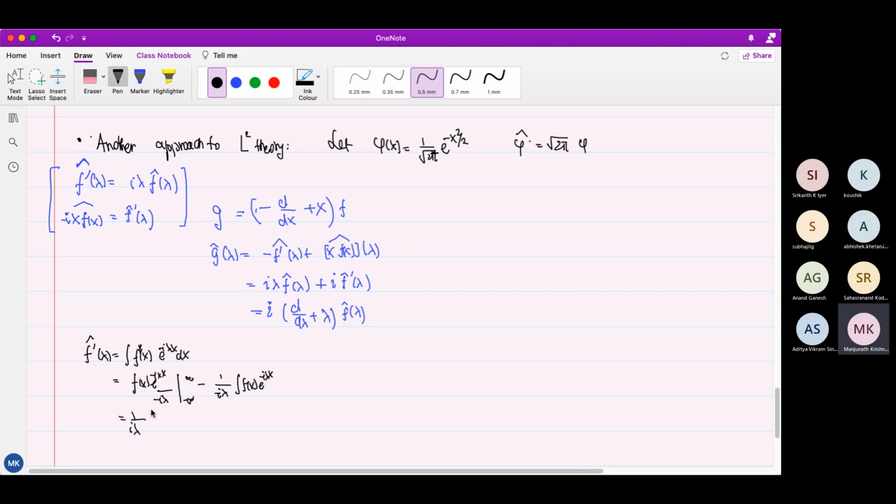Yeah, it is 1 over i lambda. So f dash hat of lambda is, no.